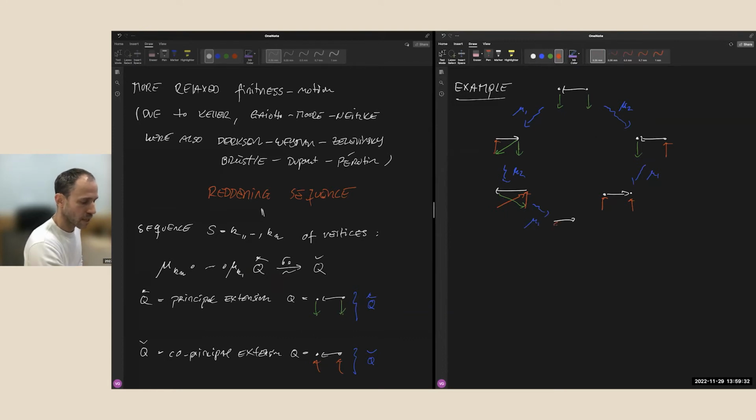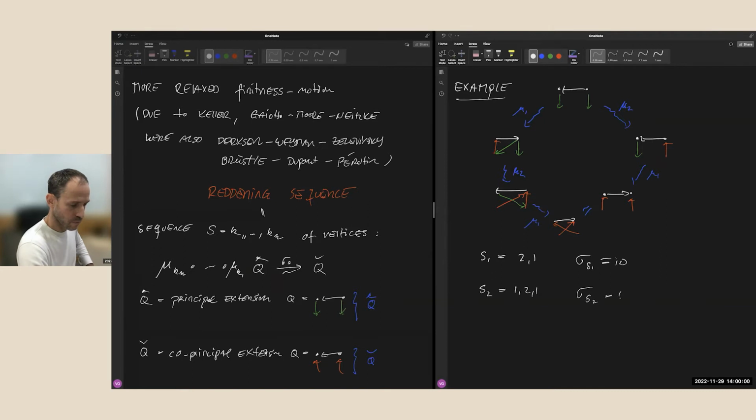And then indeed we obtain the co-principal extension, however, here with a twist. So the first sequence we noted is 2, 1, that's a reddening sequence, and the associated automorphism is the identity on Q. And the bijection on Q is the identity, and real automorphism.